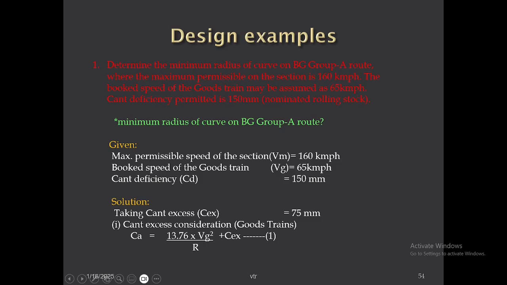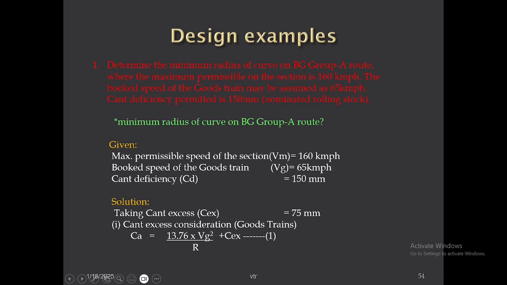For the goods train speed, whatever cant is equilibrium cant, the actual cant CA minus cant excess will be your equilibrium cant, or otherwise the actual cant CA equals the equilibrium cant plus the cant excess. So, this relation, we will go to the next one.